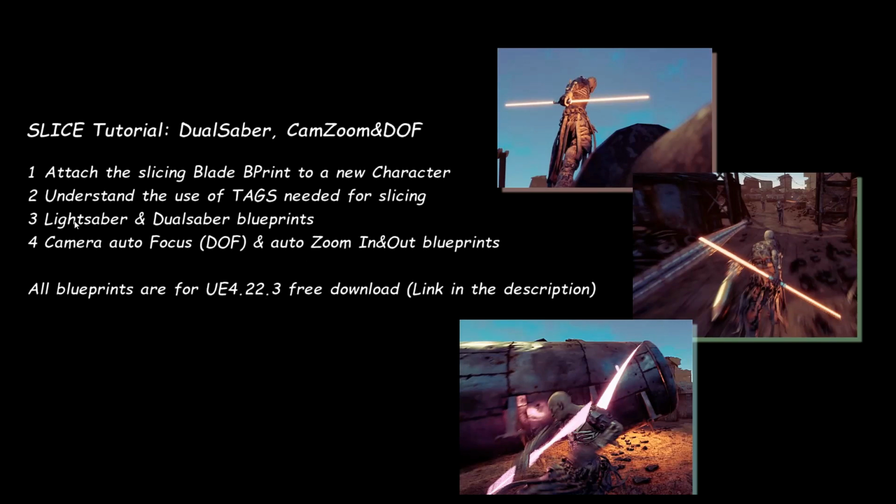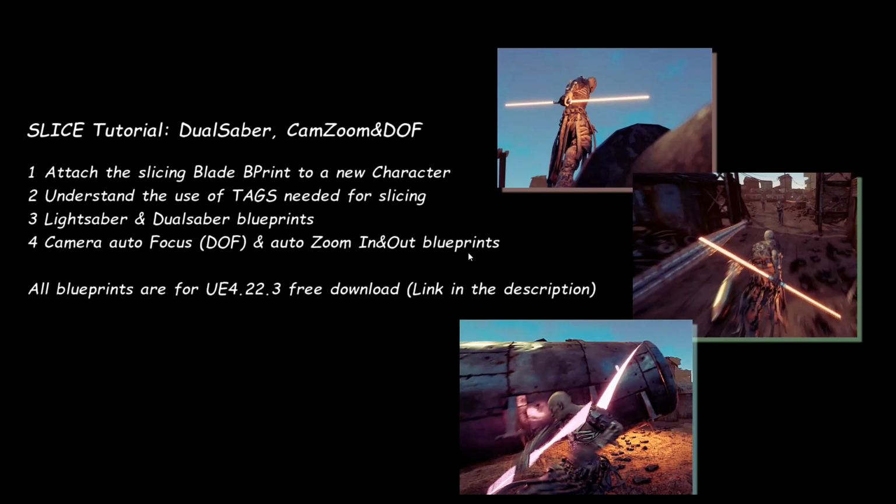The Lightsaber and also the DualSaber come with all the materials, effects, sound, and so on. So you can download them for free, and I will explain how to attach them to your player. In this case, I'm using the Slice package, but you can also use your own player without purchasing the Slice package.